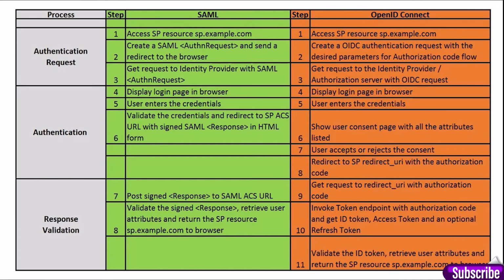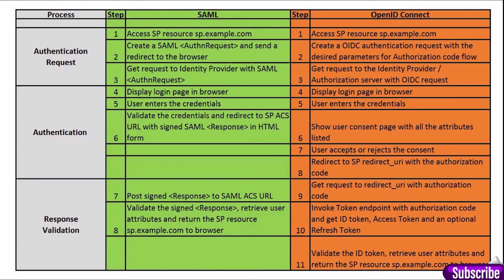Now, here we'll see the difference between SAML and OpenID Connect, since both of them are used for authentication, and when to use what. In the case of authentication, SAML accesses a service provider resource, which creates a SAML request and sends a redirect to the browser, a GET request to the identity provider with SAML. How does OpenID work?